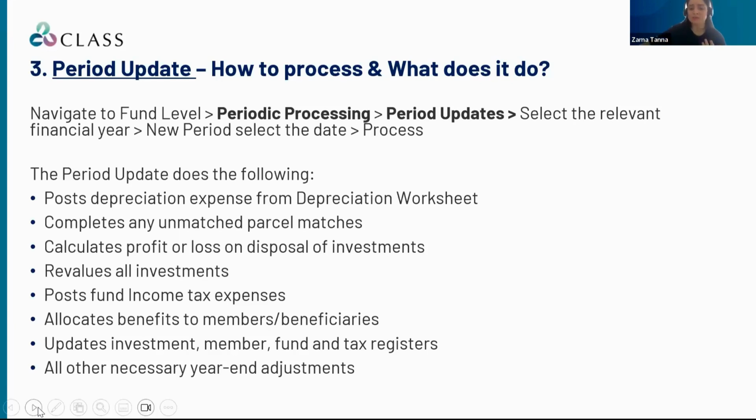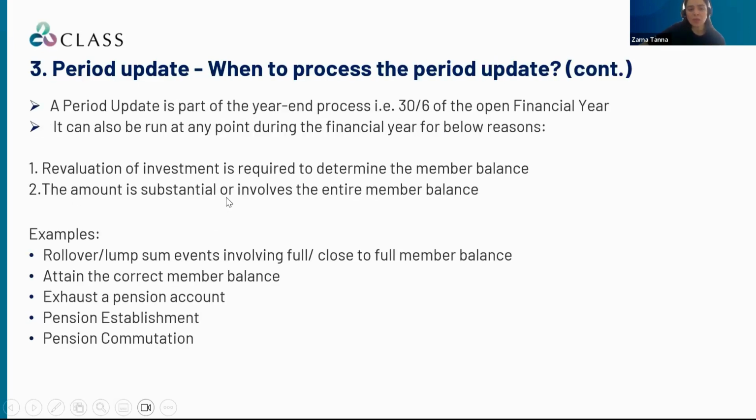Another question is, when should you process a period update, which is very common for new users? A period update is usually a part of the year-end processing, that is 30 June of the financial year that you're currently working on. However, this can also be run at any point during the financial year as well, in situations like if you want to revalue an investment up to a certain date to determine the member balance.